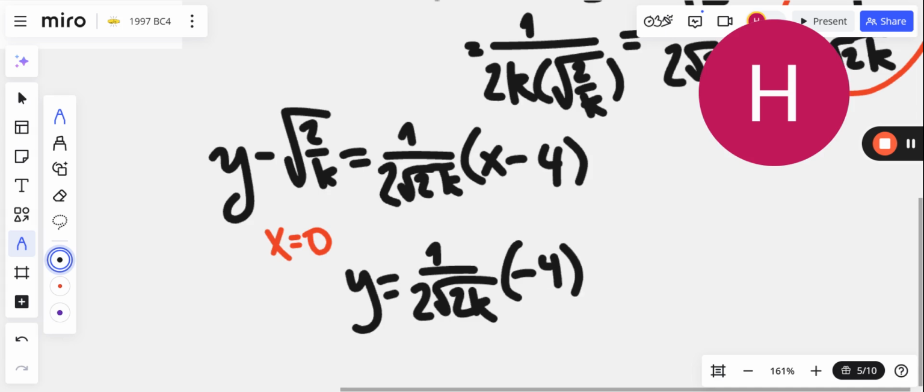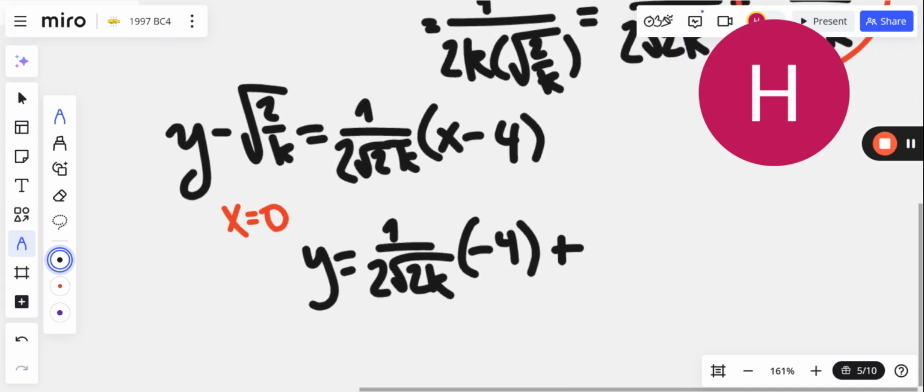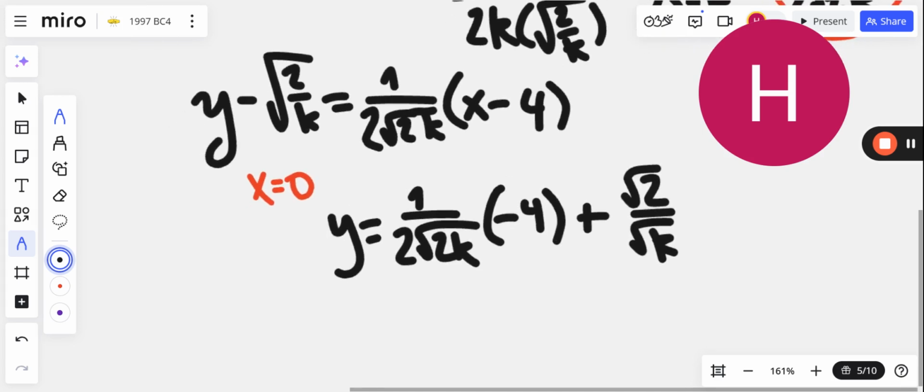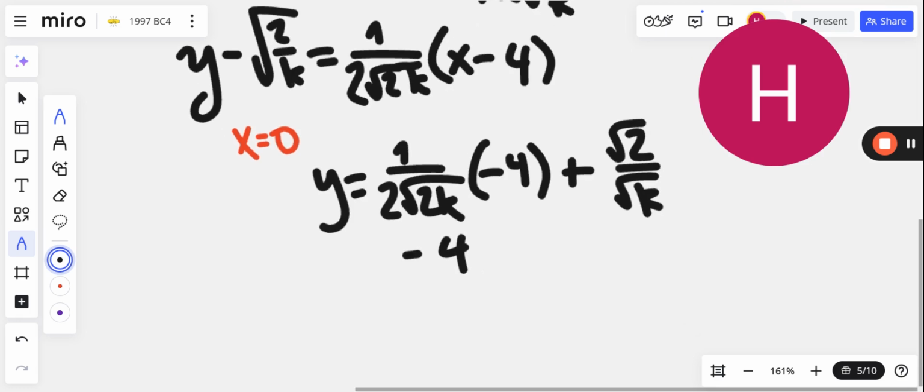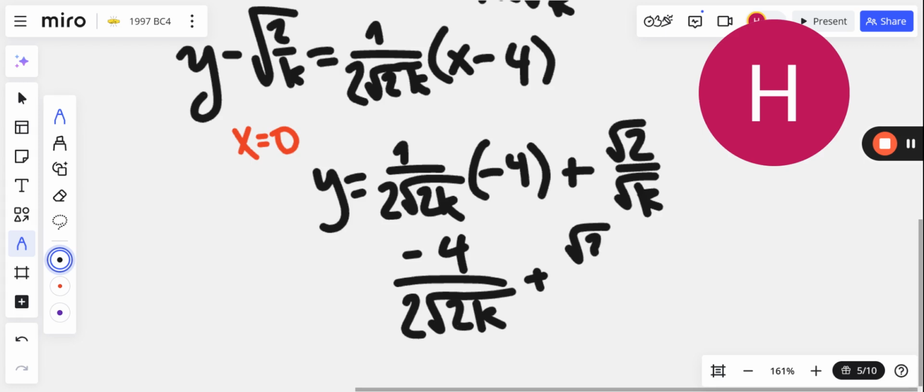That's negative 4 plus square root of 2 over square root of k. I'll write it like this. So this is going to give us negative 4 over 2 square root of 2k plus square root of 2 over square root of k.